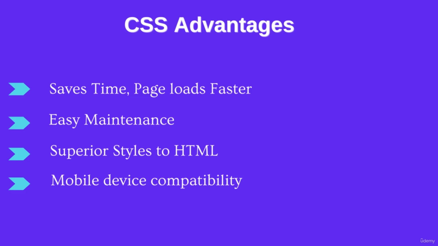It saves time. Saves time means you can design the set of style rules in a single document and later apply that throughout your website. So every time you add a new web page, you don't have to define the set of styles again and again in a specific HTML tag. Page loads faster.